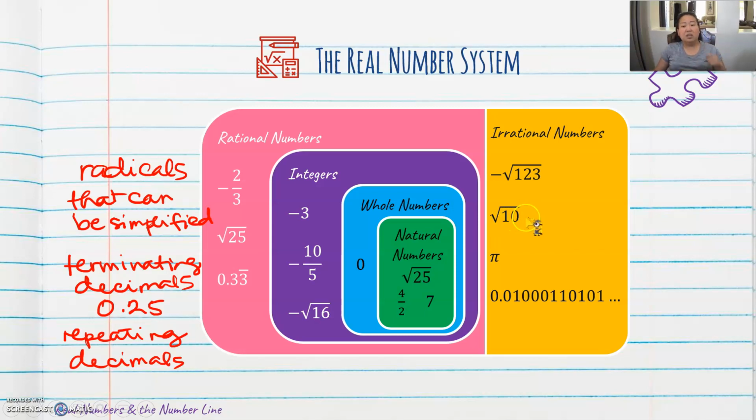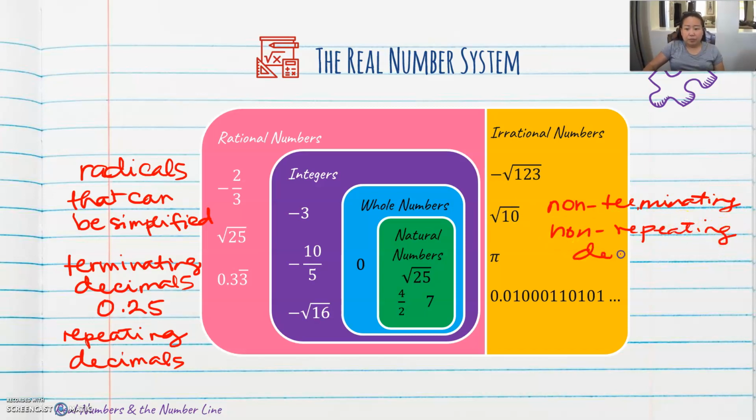This is going to be non-terminating and non-repeating. So these will give you non-terminating decimals, meaning they will not stop, and non-repeating decimals. Okay, and I believe that example is this one here at the bottom.